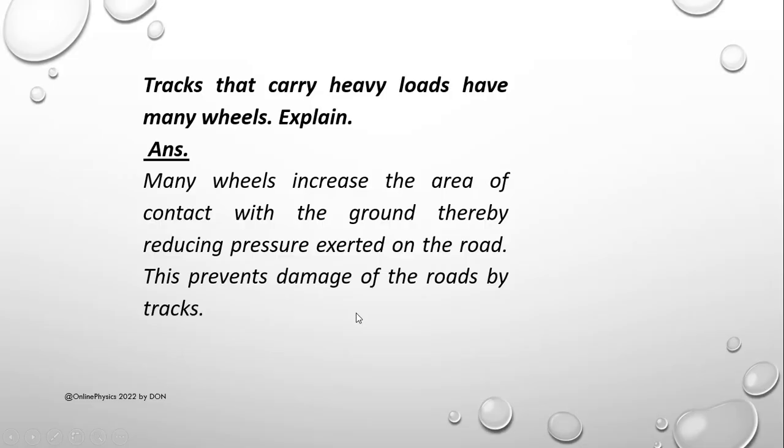Now, moving from that part, we have a very good question from the area we've just covered, from those images under the factors. Trucks that carry heavy loads have many wheels.